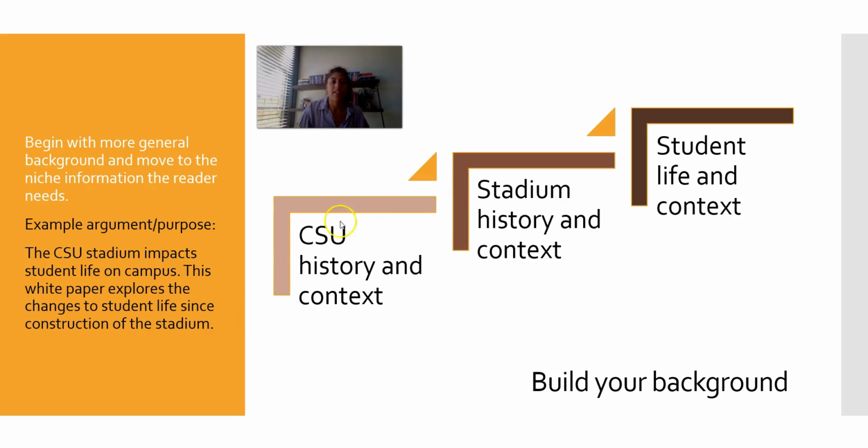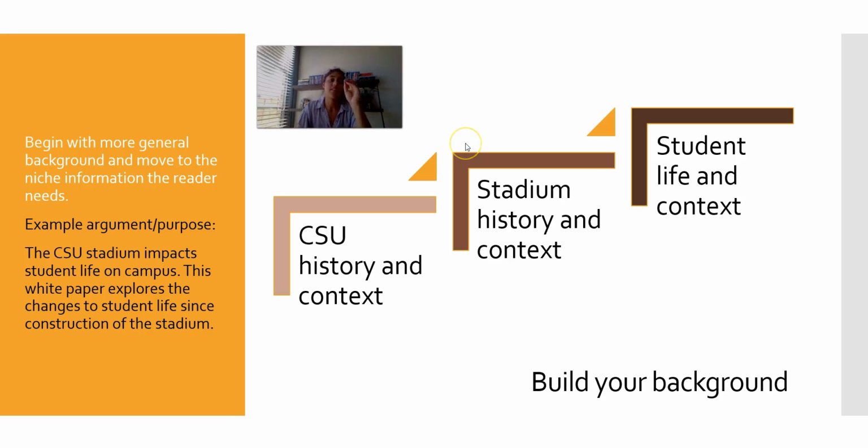So then we start out with, okay, CSU history and context at the broadest. We want to place our reader in like, okay, we're on CSU campus and here's kind of what CSU is, what it looks like. Then the next step, now that we know where we're at geographically, is sort of more of that abstract history of the topic itself, right? So here's like stadium history. So we know we're on CSU.